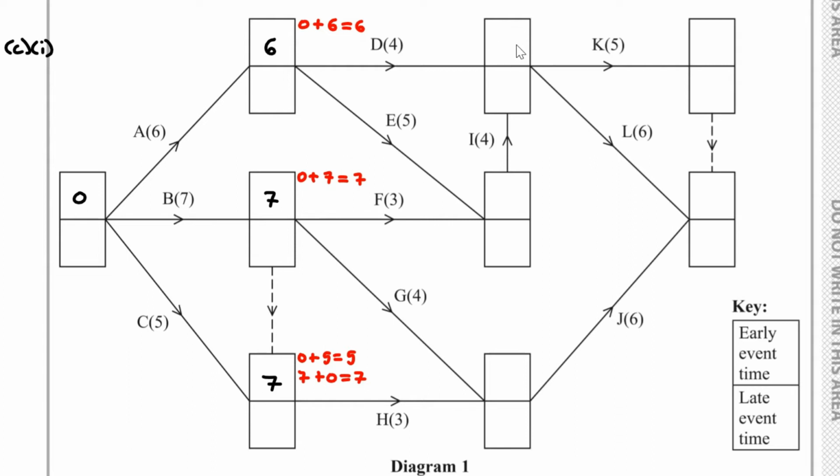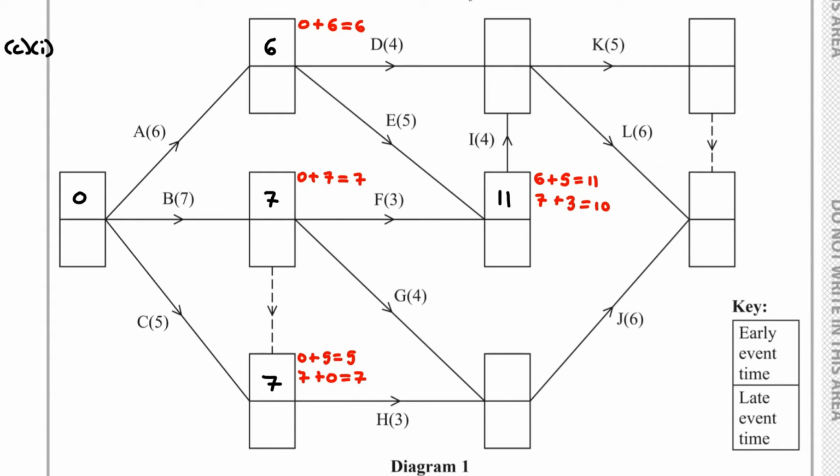Before we figure out what goes here, we need to consider this box here, and that's because D is going into this box and I is going into this box. So, if we figure out what goes here, we have the option of 6 plus the 5, which is 11. So here we've got 6 plus 5, which is 11. Or we have 7 plus 3, which is 10. So 7 plus 3, that's 10. And we choose the 11 to go in here.